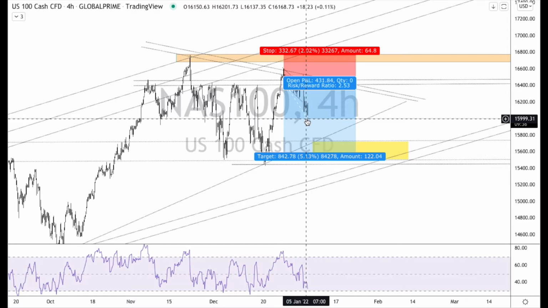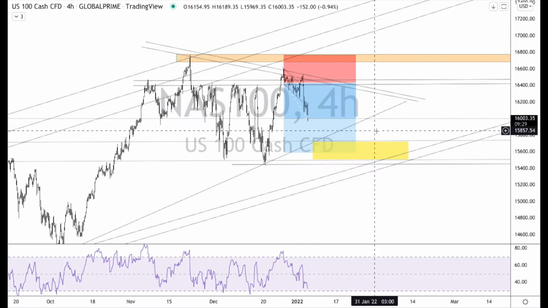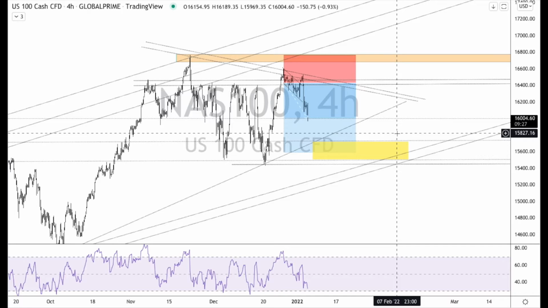They're having a meeting today, right now as we speak. So the data hasn't come out on that. We have the ADP non-farm payroll coming out today, plus the federal meeting going on right now.